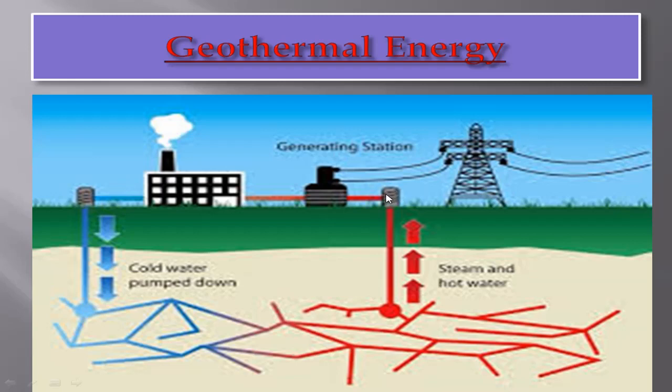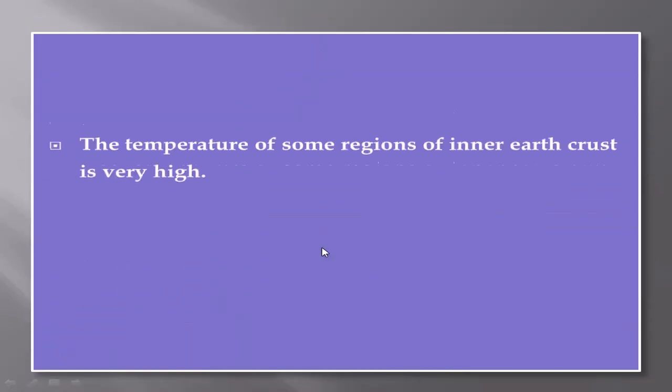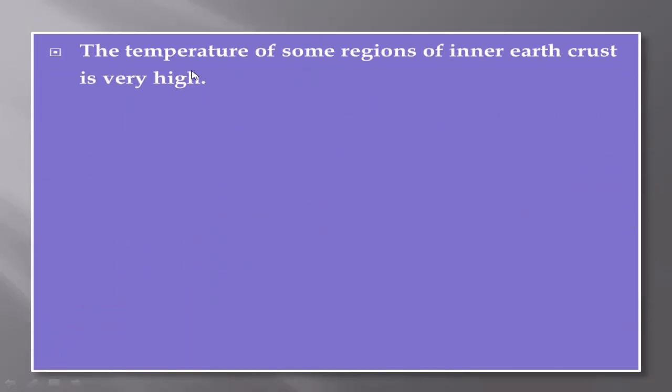When this turbine is rotated, the generator fixed to it is also rotating and electricity is generated. Like that, geothermal energy can be used to generate electricity. First, the temperature of some regions of the inner earth crust is very high.